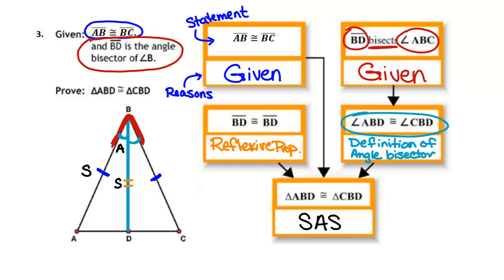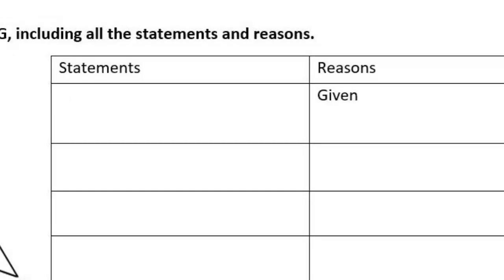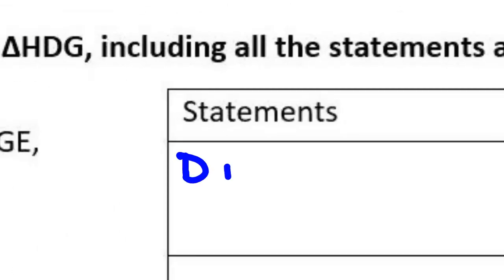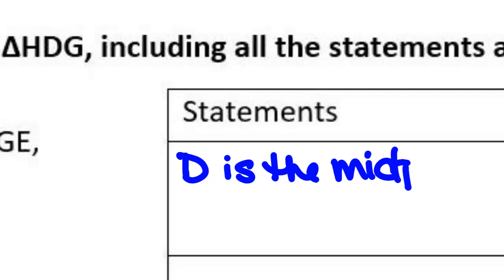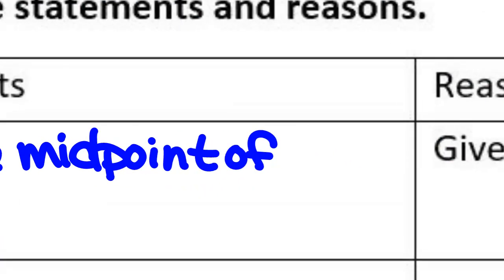Let's flip the page over. Look at number 4. They've gone ahead and told me that my first reason is given. So what should my first statement be? D is the midpoint of GE.